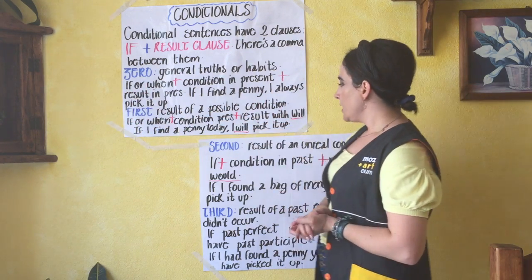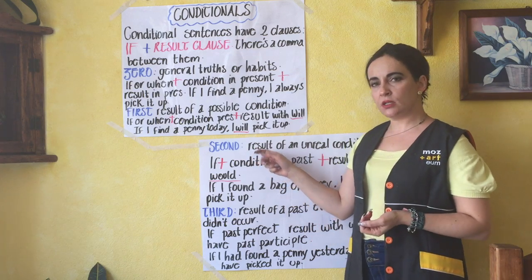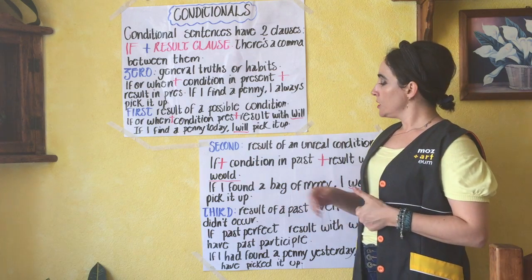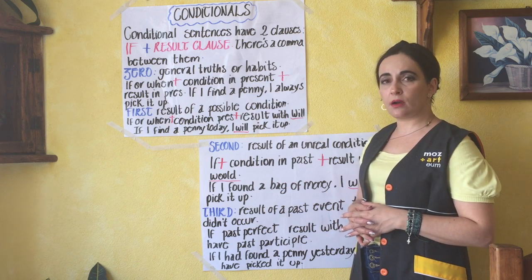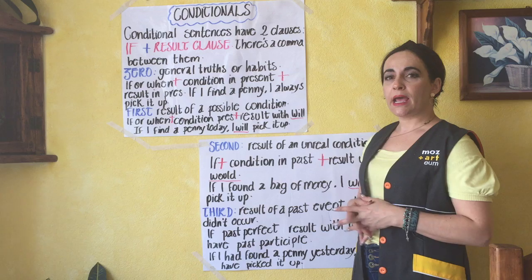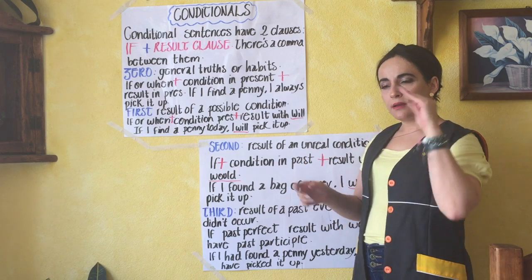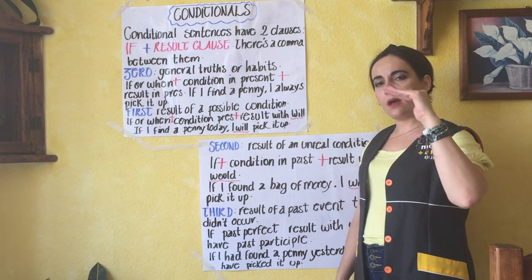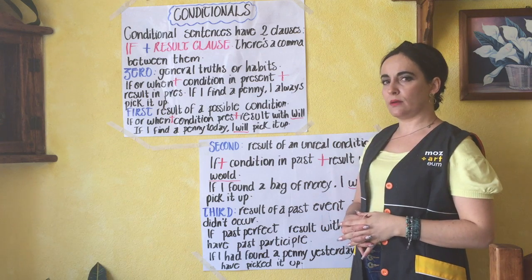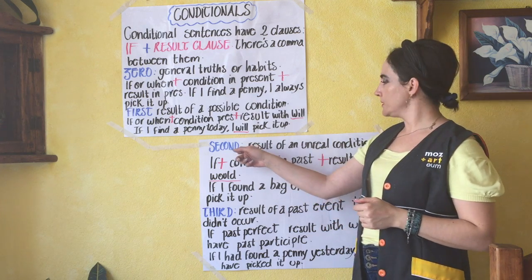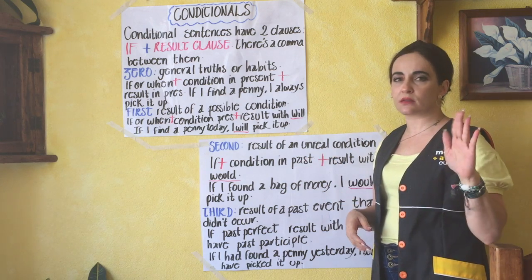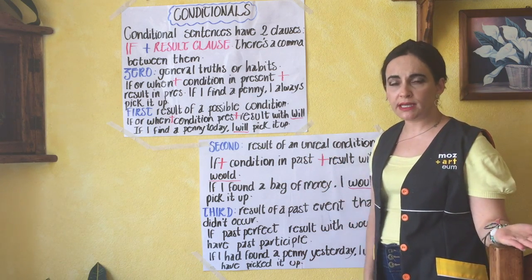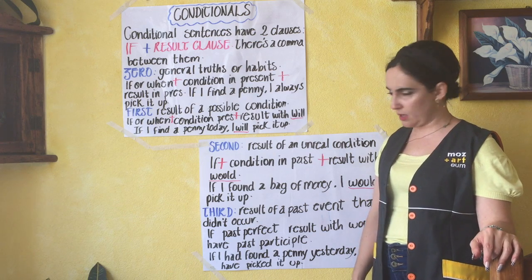Okay? Then we have the second conditional and the third conditional. Both of these conditionals are the trickiest ones, and you have to practice them a lot. But analyzing them one by one, you will catch it. Okay? The second conditional is used for a result of an unreal situation. It's not real, it's an imaginary one, okay?